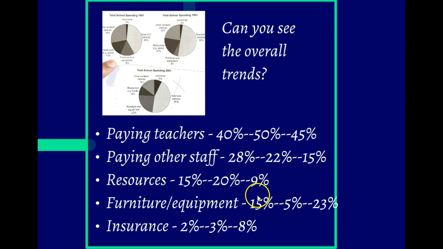So can you see the line? Imagine the line. 15% down to 5% and then a big rise to 23%. This is a dip. And the smallest part of the school spending was on insurance. What happened to this one? It rose consistently, or it rose steadily. So these are the overall trends.